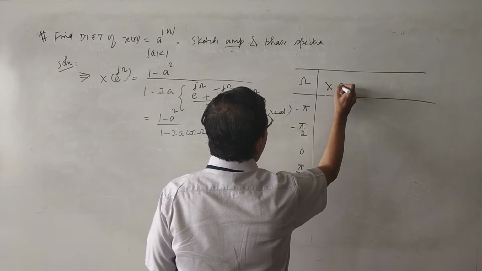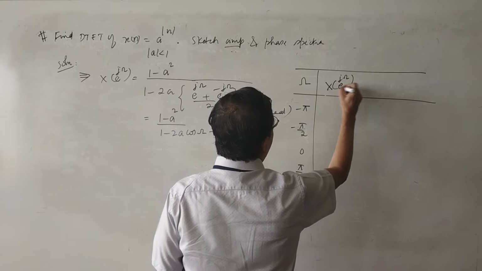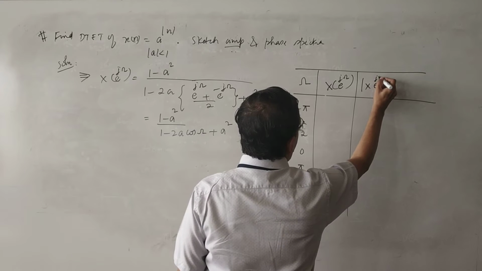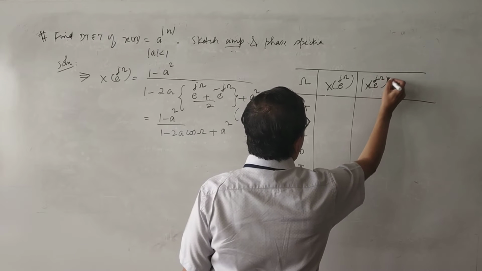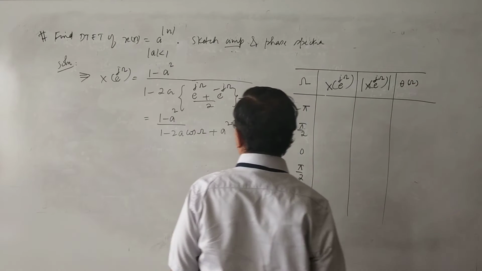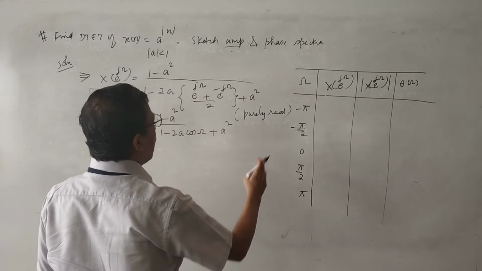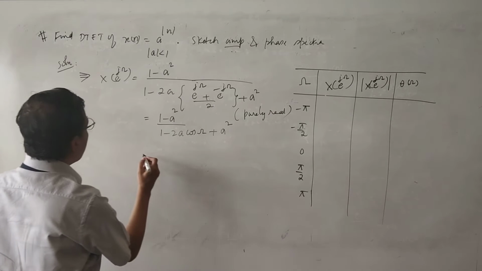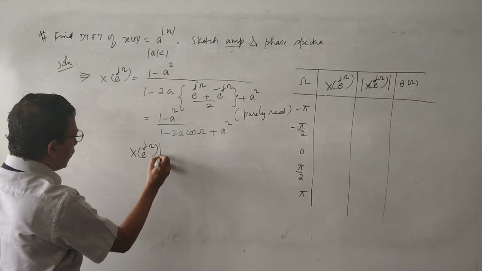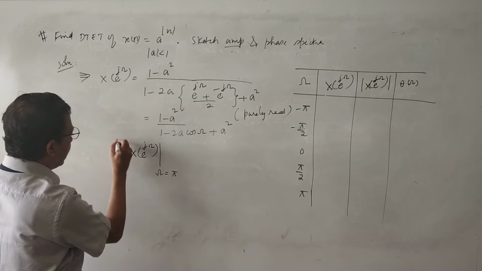Here I write X of e power j omega. Then I write magnitude of X of e power j omega. Then we write theta of omega. Now when you put omega equal to minus pi in this expression, what we get?